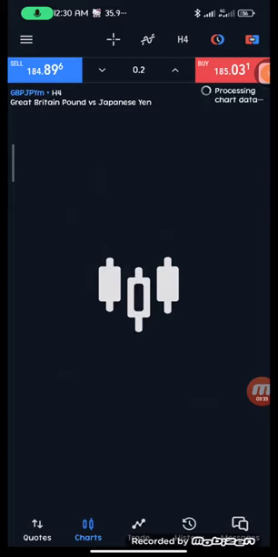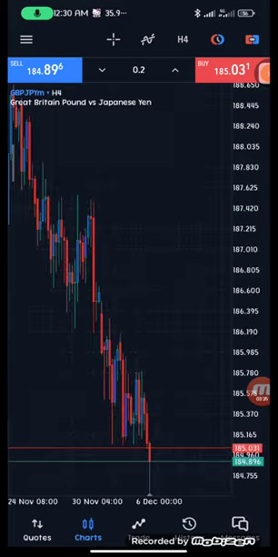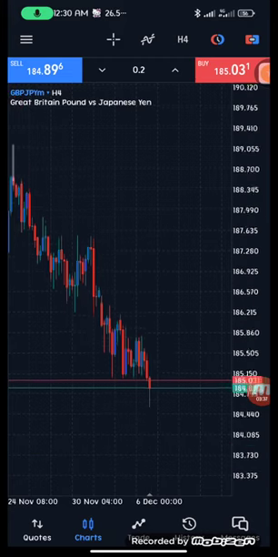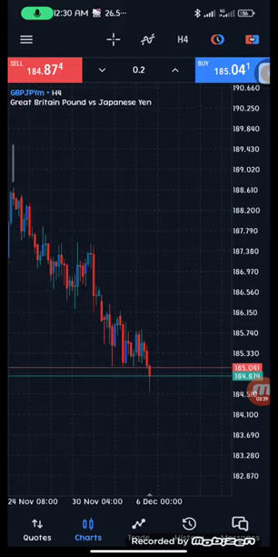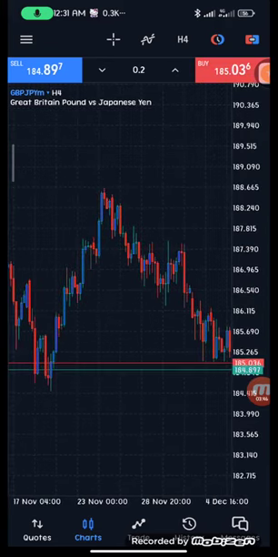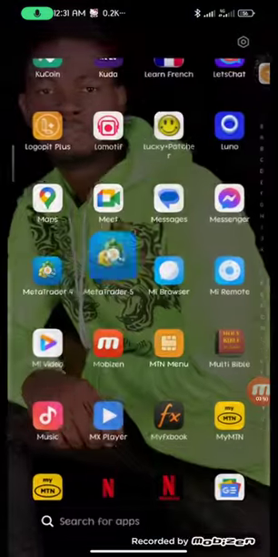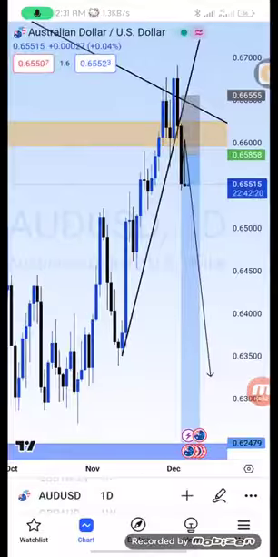Like I said before, we have some people that do their analysis on MT5. But for a person like me, I cannot do my analysis on MT5, so I rather go to my TradingView. We have the TradingView here.